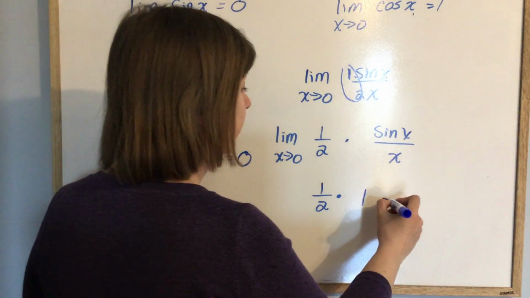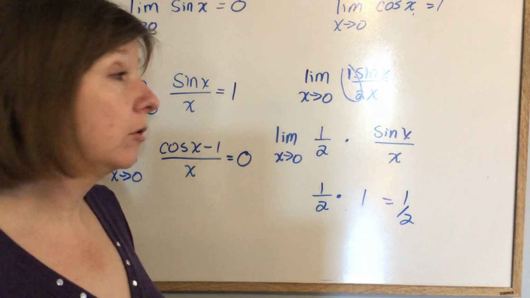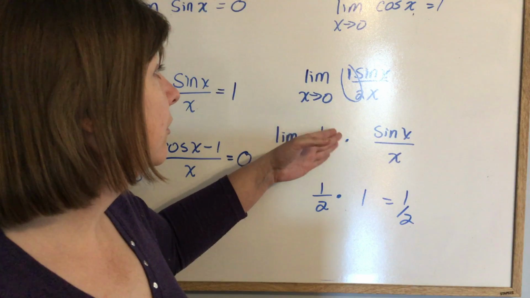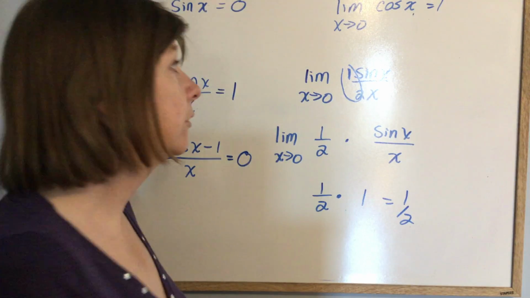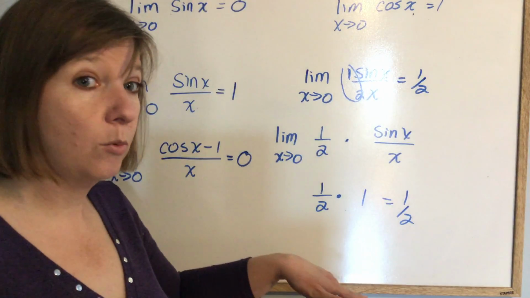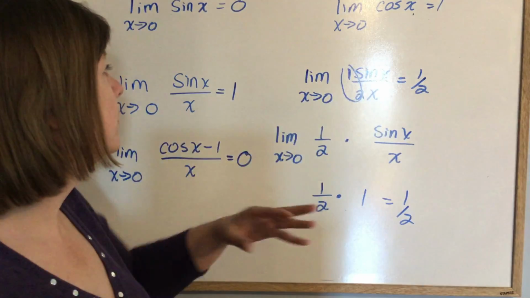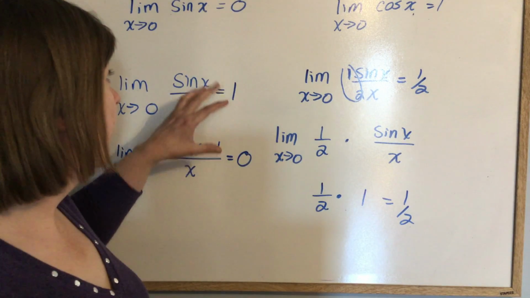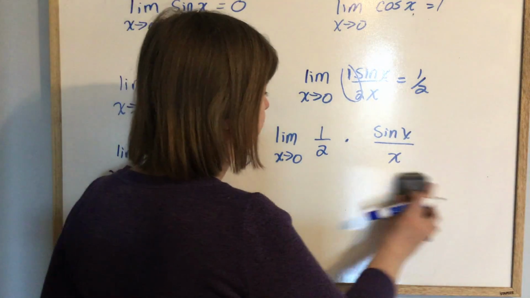And so 1/2 times 1 is 1/2. And so that's my answer. My limit as x approaches 0 for sine x over 2x is actually 1/2. So the answer to this is 1/2. And that's why. Again, I want to break apart the question that they give me so that I have one of these trig identities that I know. All right.